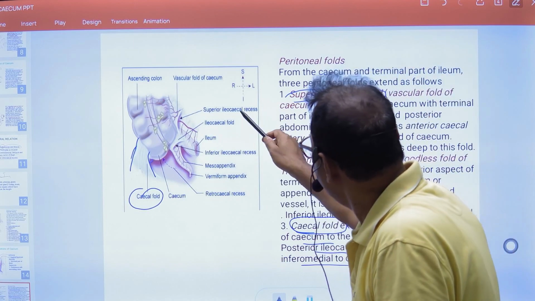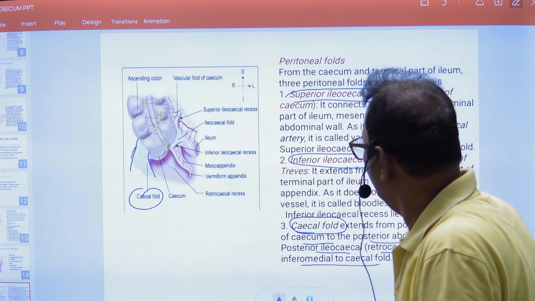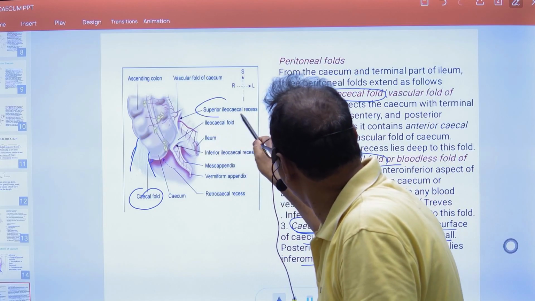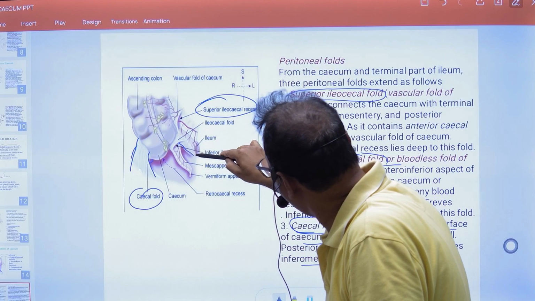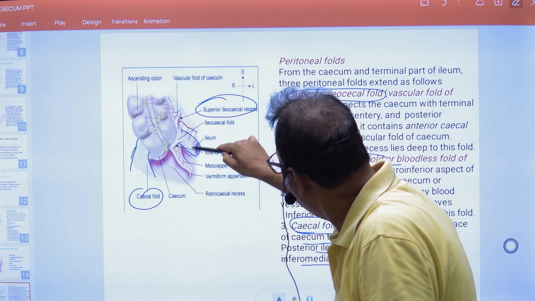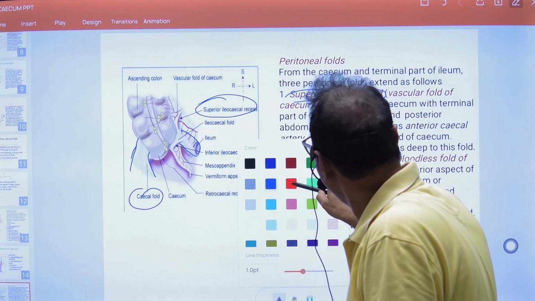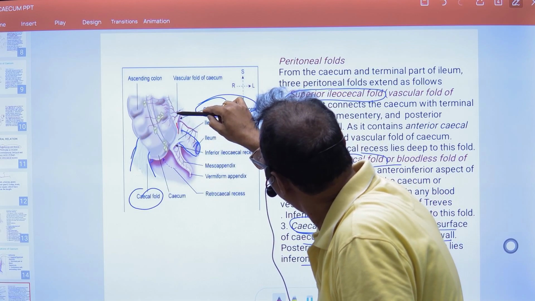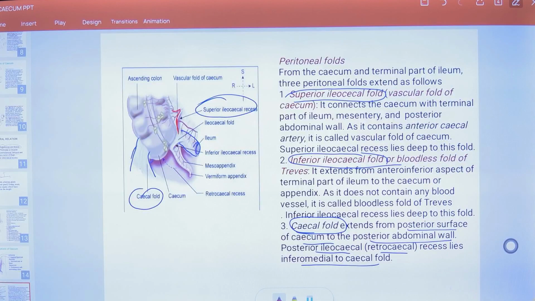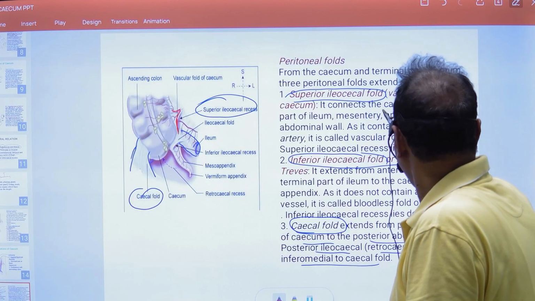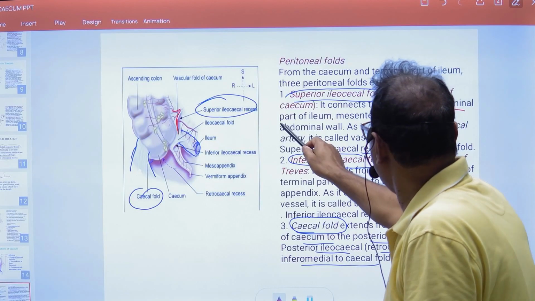Now coming to the superior and inferior ileocecal folds. The superior ileocecal fold is coming from the upper aspect of the ileum. We have got the ileum over here. It connects the cecum with the terminal part of the ileum.